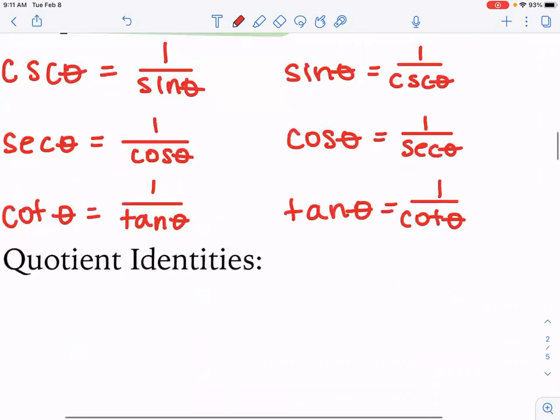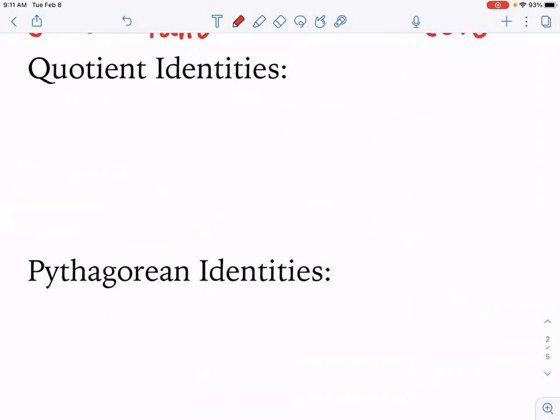So let's go to our next set, the quotient identities. Quotient means what? That we're dividing. When we were on our unit circle, was there ever a trig function that we had to take this divided by this? Tangent. What did we take?